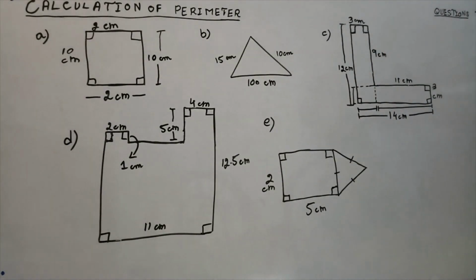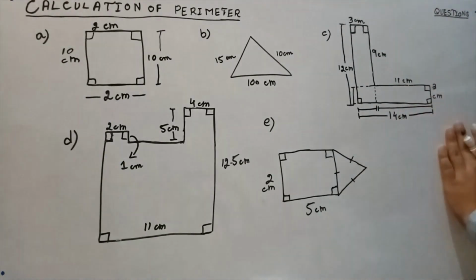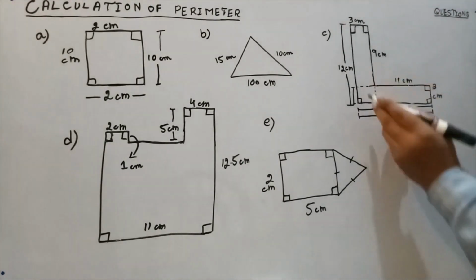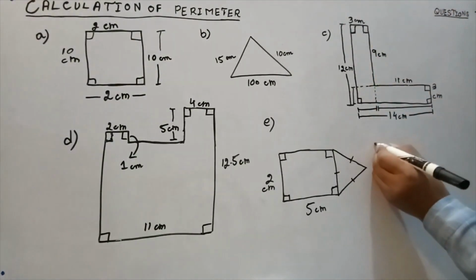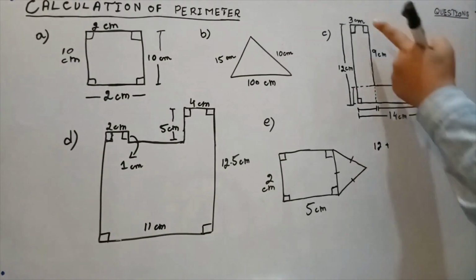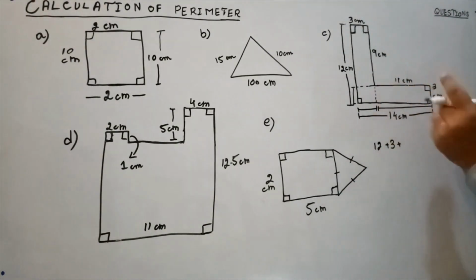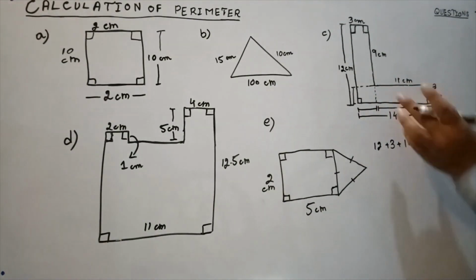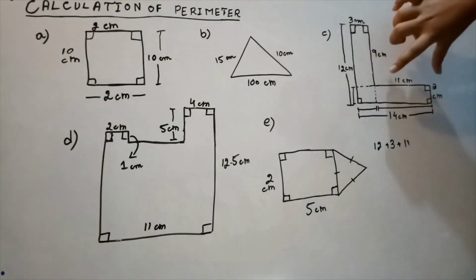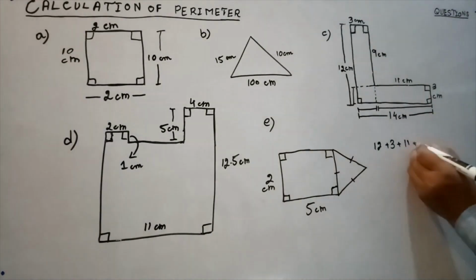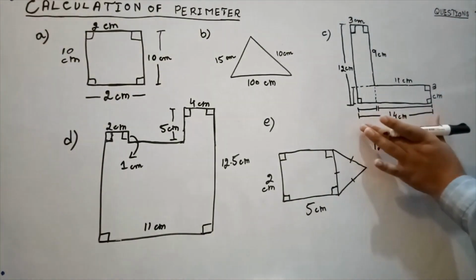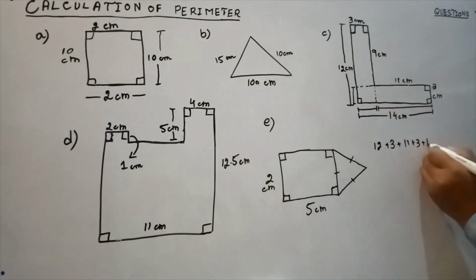Now I have found all the lengths here. Now I can add all the lengths, so I will get the perimeter of this figure. If I add 12, 3, 9, this is the 9, this is the 11, this is the 3, and this one is the 14.